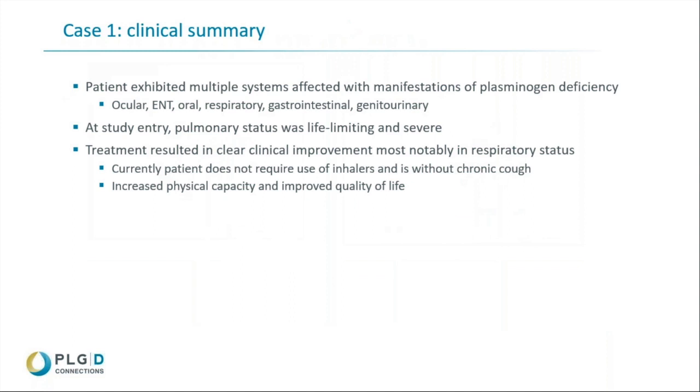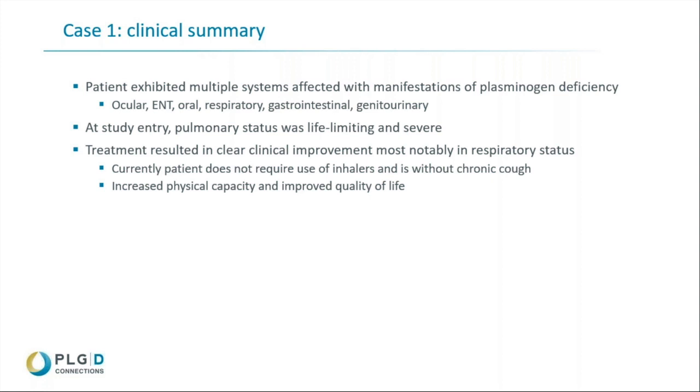In summary, this patient exhibited multisystem involvement with manifestations of plasminogen deficiency, including ocular, ENT, oral, respiratory, gastrointestinal, and genitourinary. At study entry, pulmonary status was life-limiting and severe.